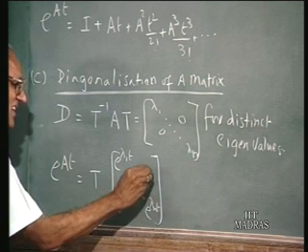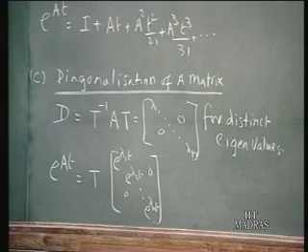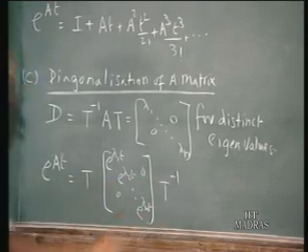This is again a diagonal matrix where the entries along the main diagonal are e raised to the power of lambda i t, where lambda i is the eigenvalue, times T inverse.